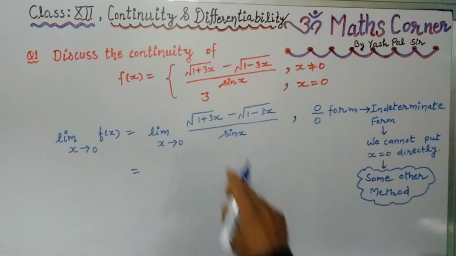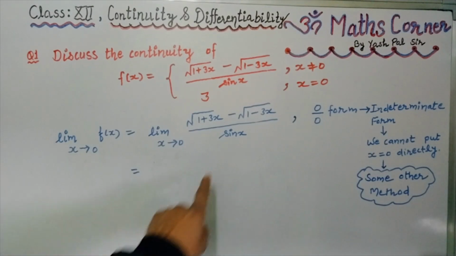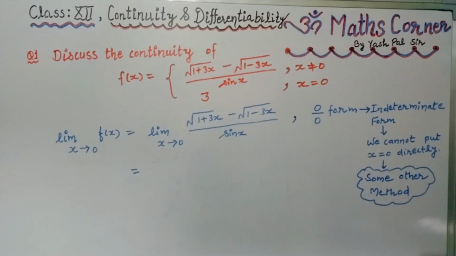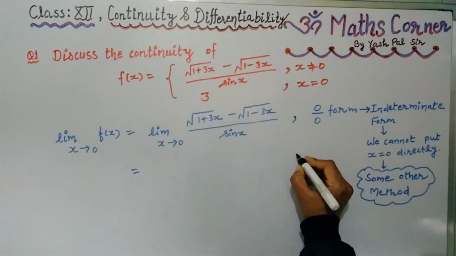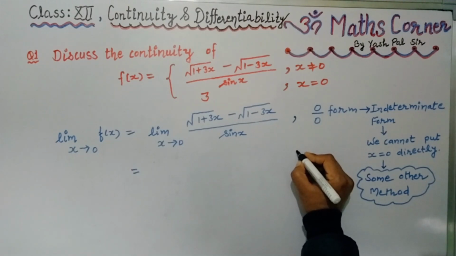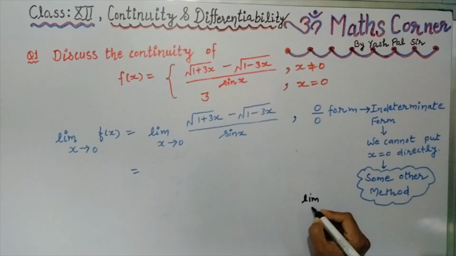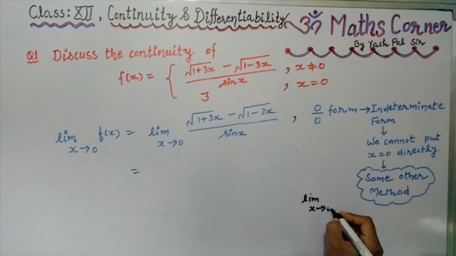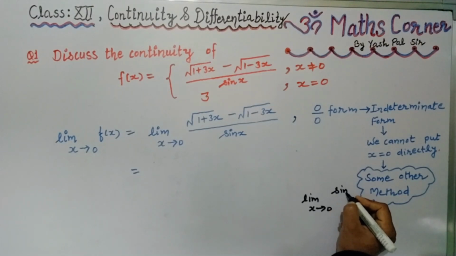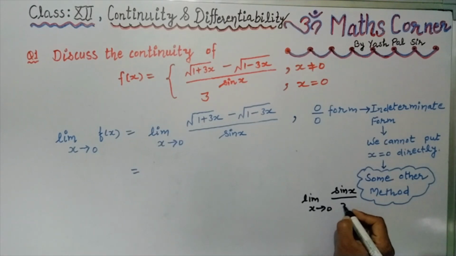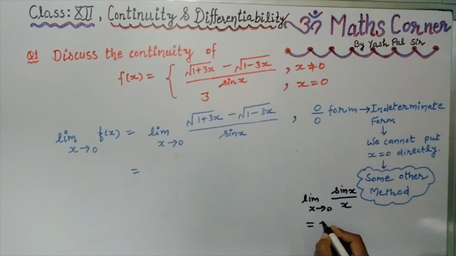Now one more thing: in the denominator we see sine of x, and we know the standard result. The result is limit x approaches to 0 of sine of x divide x, the value is always equal to 1.